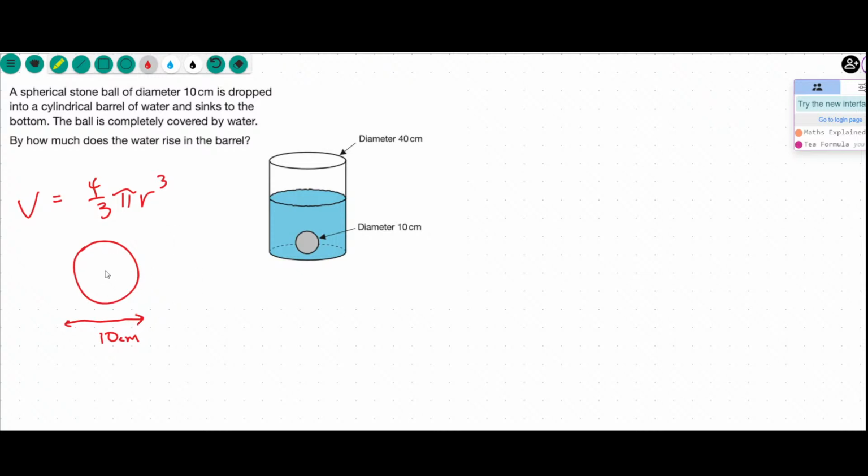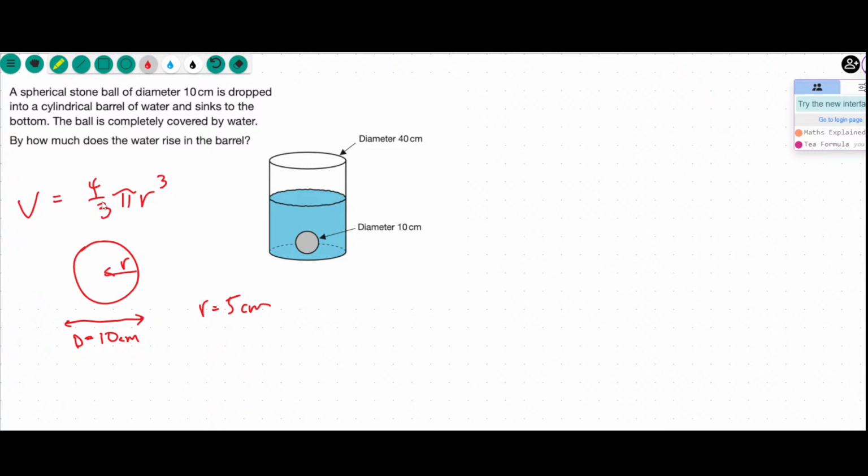We want to make sure we're using the radius instead of the diameter, which we have here. So the radius being 5 centimeters, that's going to go into the calculator. 4/3 times the old pi button. It doesn't say leave it in terms of pi. Good. Okay, we'll carry on then.